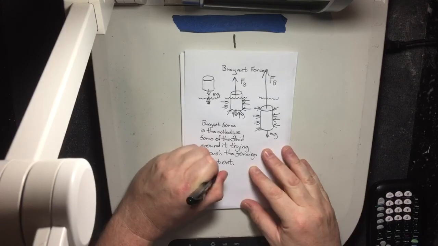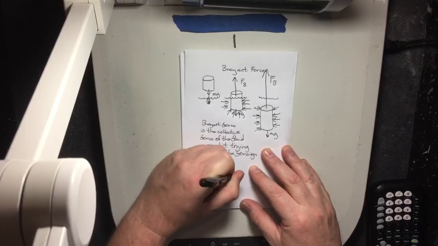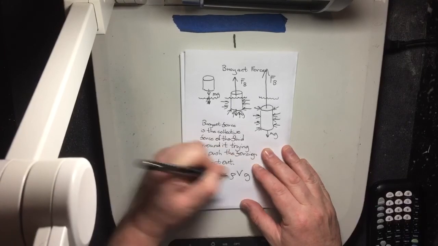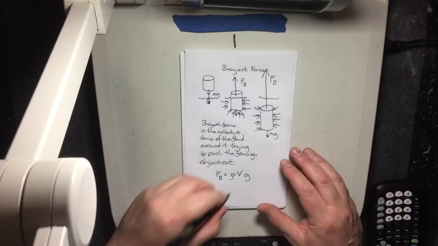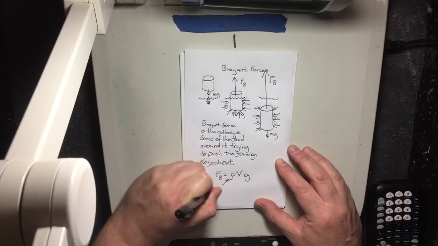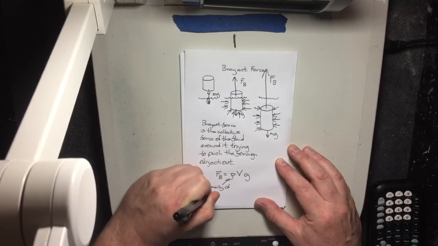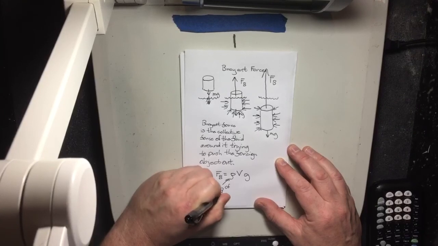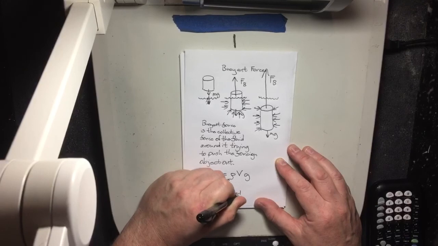The buoyant force is F sub B, and it is rho V g. Now, this rho is the density of fluid displaced.